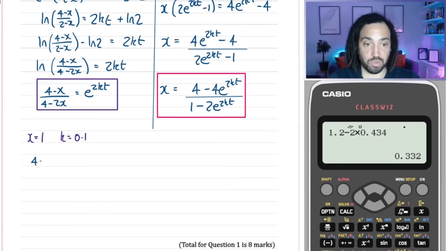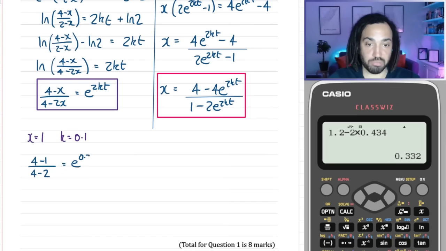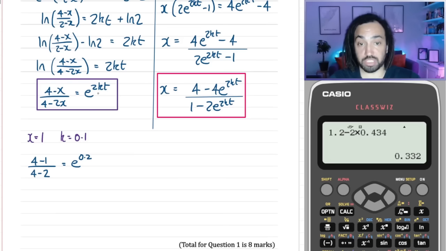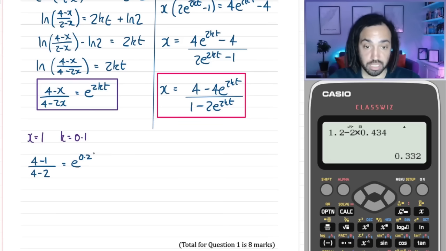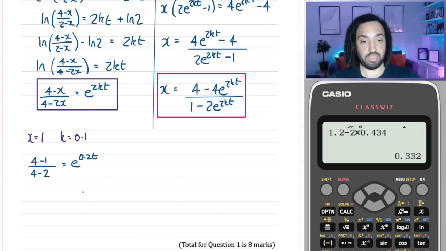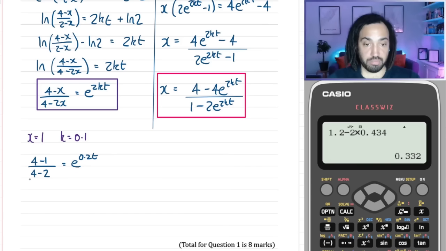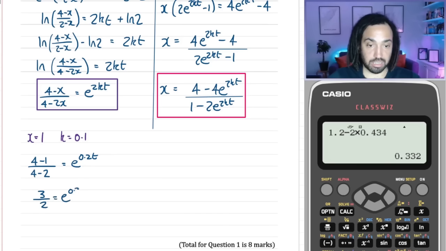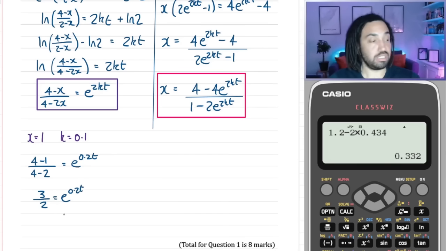So we're going to get (4 minus 1) over (4 minus 2) is equal to e to the 0.2t, because k is 0.1, so times that by 2 is 0.2. Okay, so this is 3 over 2, and that's equal to that.